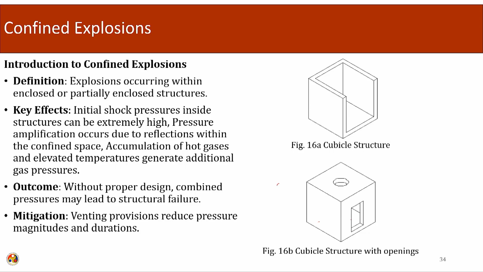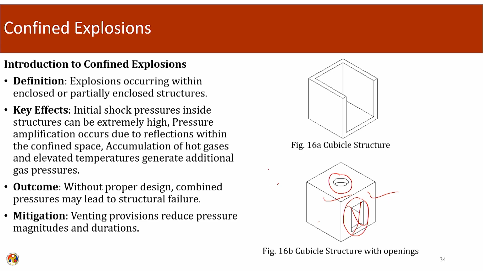Mitigations. Certain times the venting may provide a reduction in the pressure, but due to the operational nature, venting may or may not be possible in all cases. For example, if this structure is used as a data center or as a bunker, the scope of providing venting minimizes.